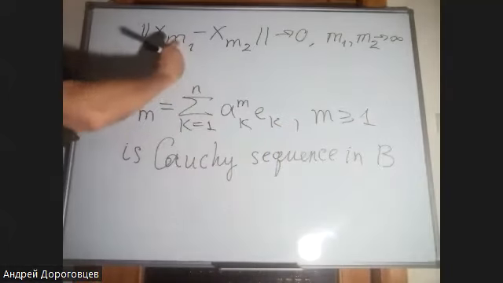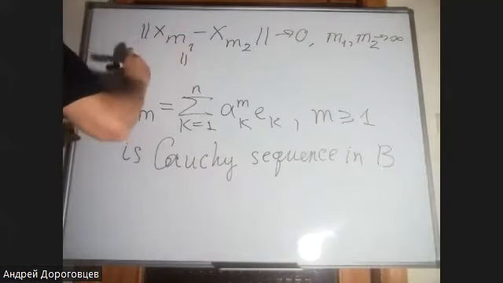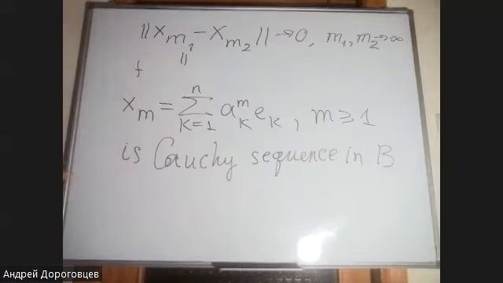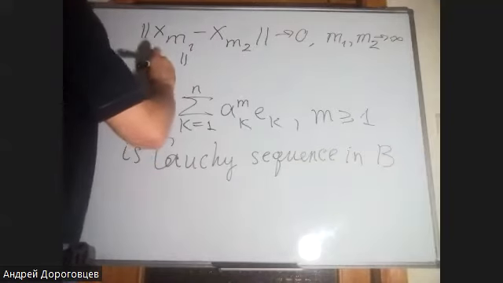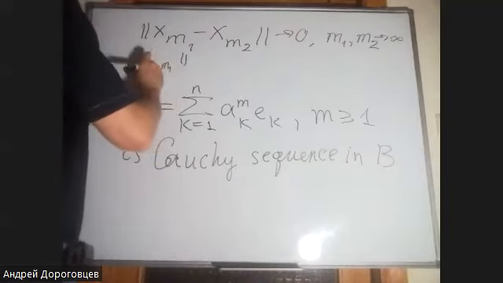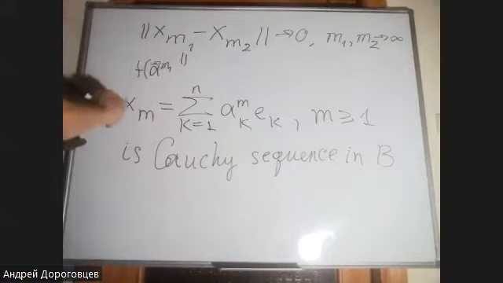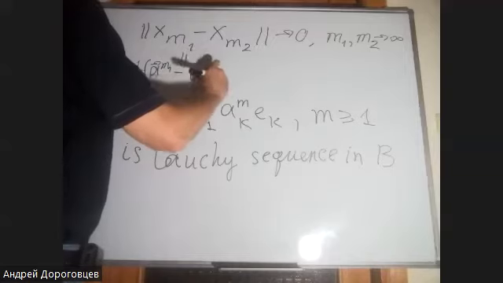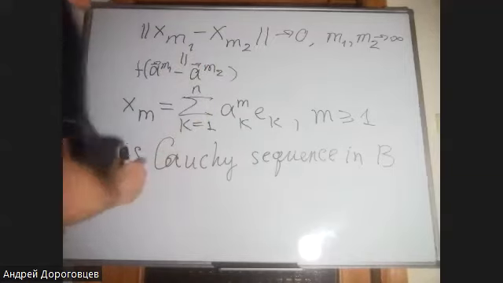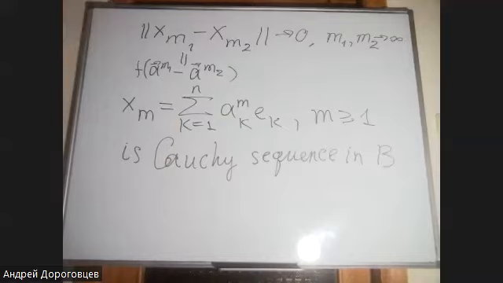But this norm is equal exactly to f from a^m1, I will denote it with L, yes, minus a^m2, and it goes to 0.